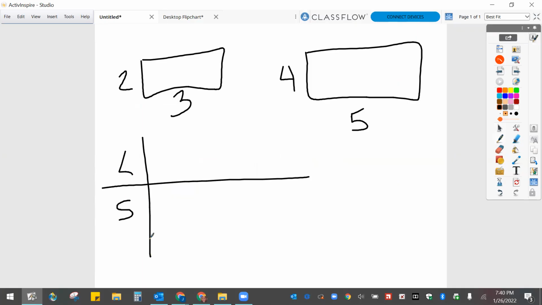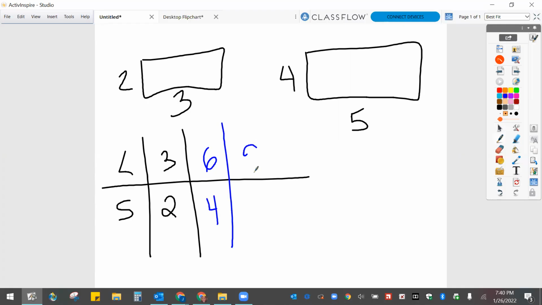So on the first rectangle on the left, long side is 3, short side is 2. If I made an EFT using those numbers, I would get 3, 2, 6, 4, 9, 6, and so on.